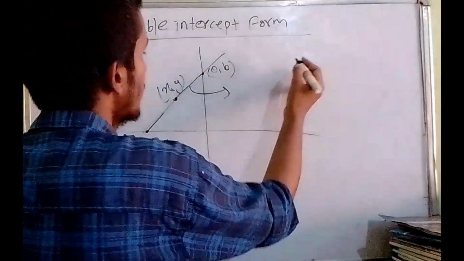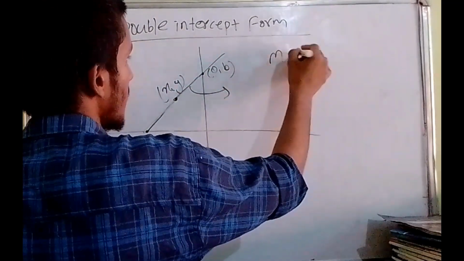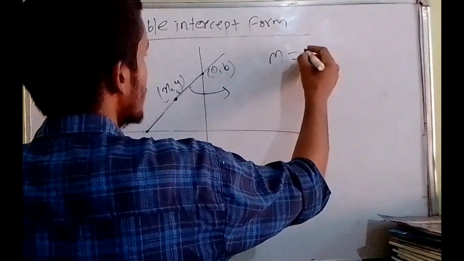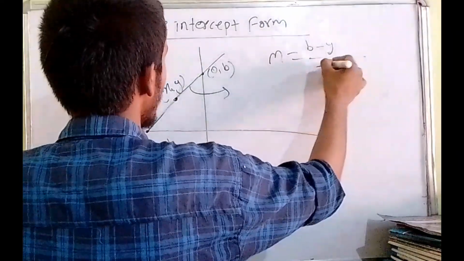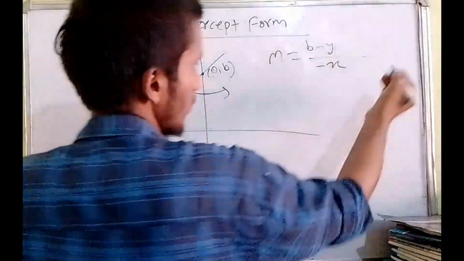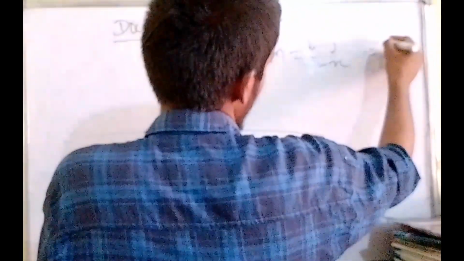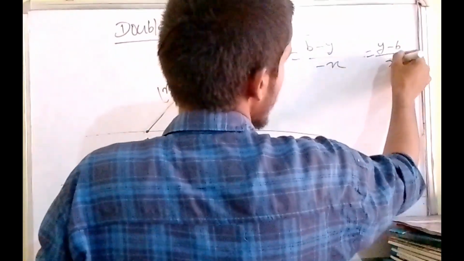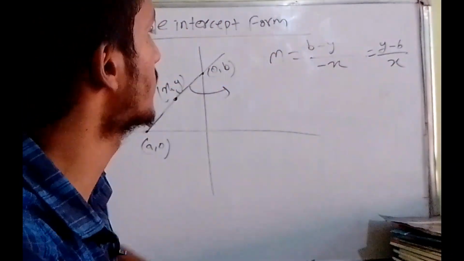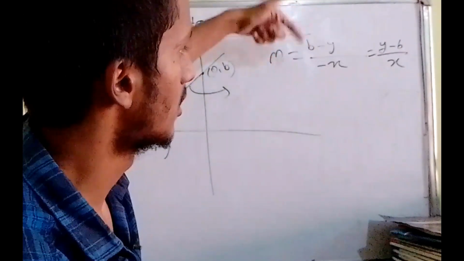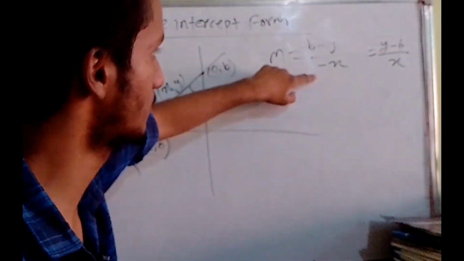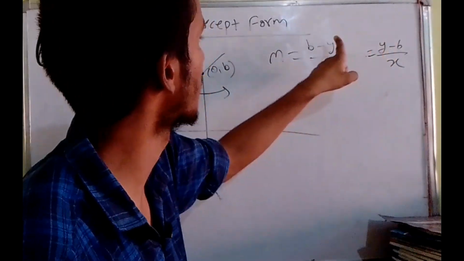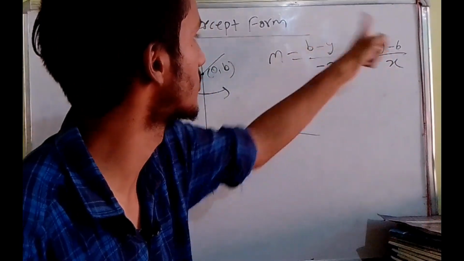The slope of this will be b minus y, the change in y, over minus x, or in other words, y minus b over x. Why do this? Because you've taken the minus onto the numerator, so it gets distributed and minus y becomes plus y, and this becomes minus b.